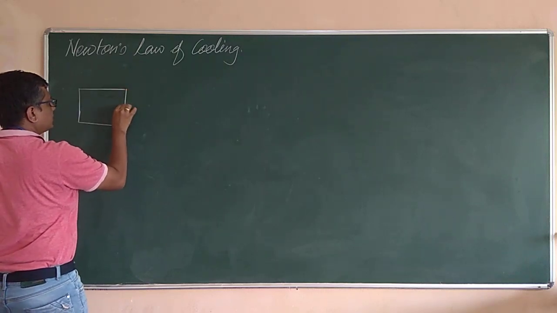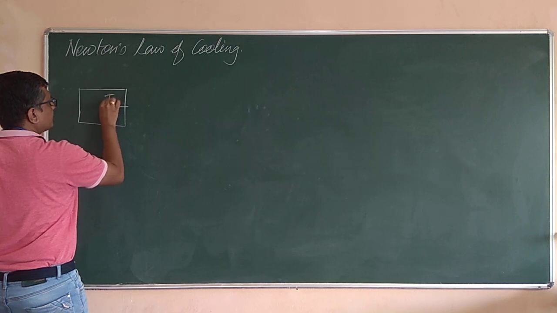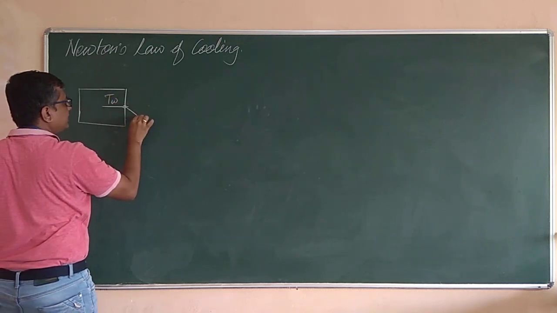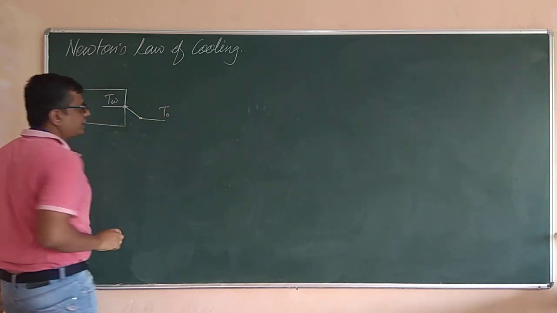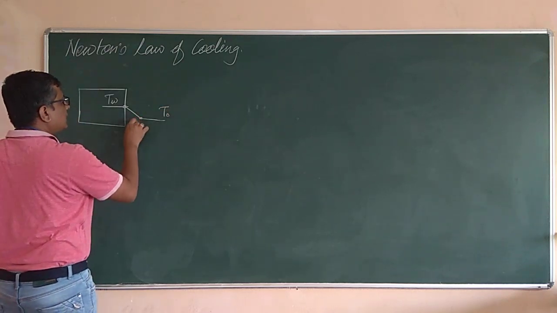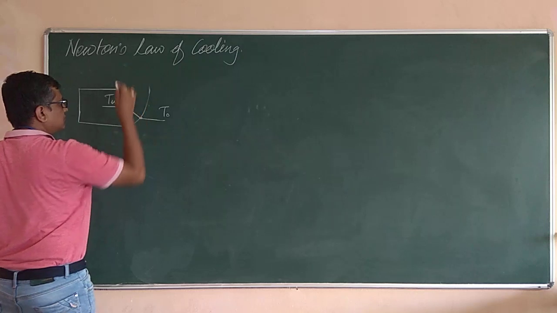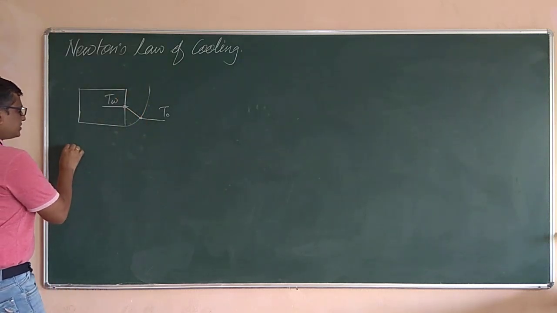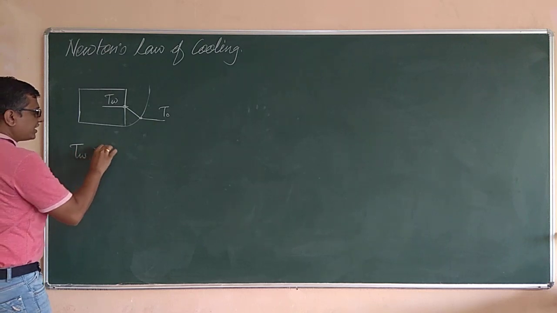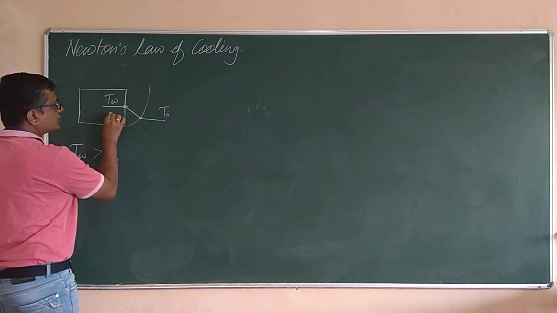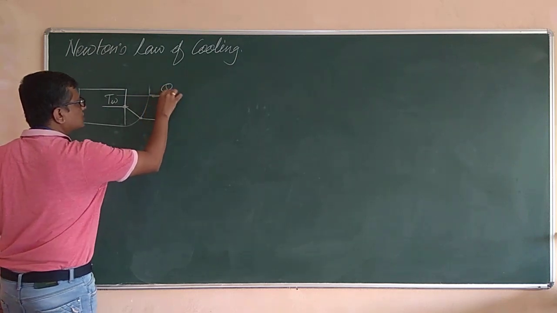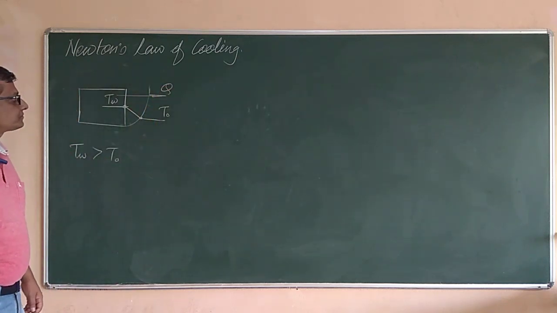This is any solid object whose temperature is TW, with a temperature distribution like this, and here the temperature of the atmosphere is T0, and this is, say, the film thickness. If TW is more than T0, obviously the heat will get transferred from this hot body to the surrounding air, no doubt about that.